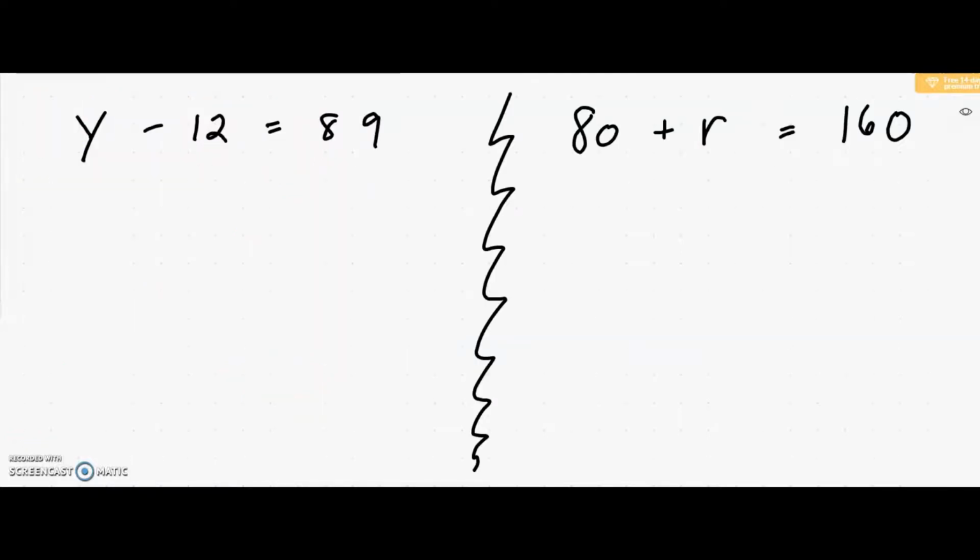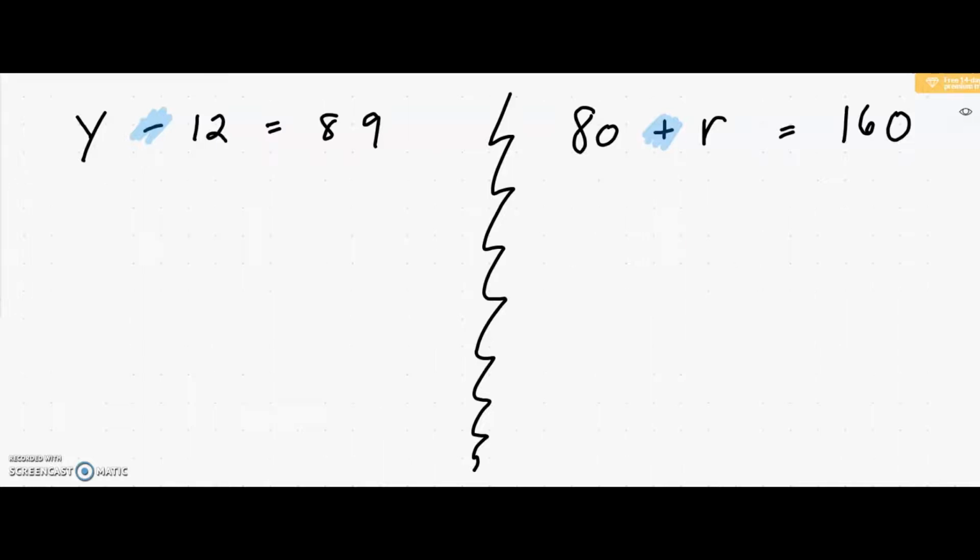What I have on the screen now are two more problems. It looks like a subtraction and an addition. I'm going to get out my fancy highlighter and highlight the sign. The sign is subtract. The sign is add. For both of these problems we do the opposite.